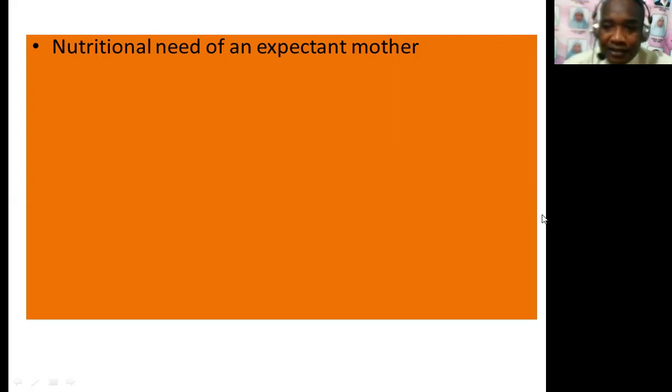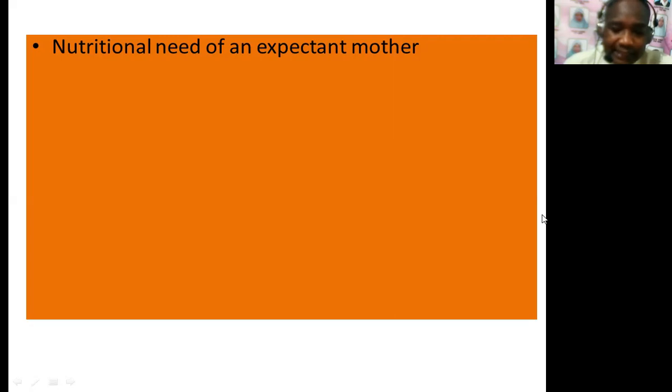I want to note this. An expectant mother should avoid taking soda, tea, coffee, smoking, and taking alcohol. Drugs may affect the fetus negatively.